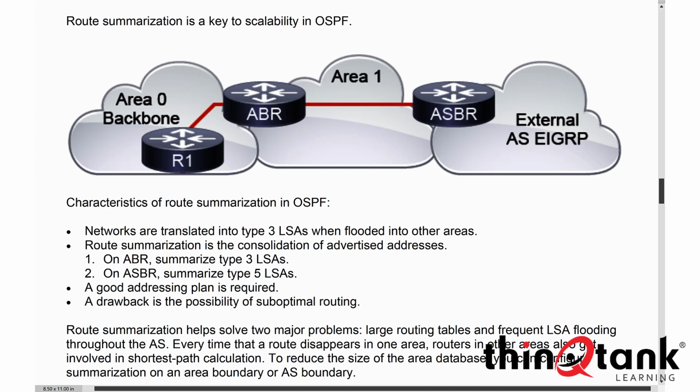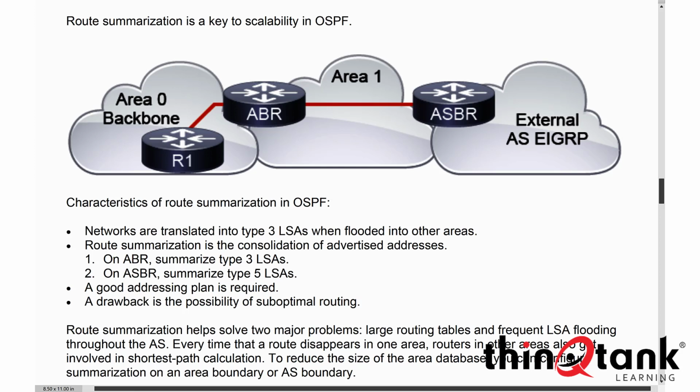All right. The drawback of summarization is always suboptimal routing, particularly if you don't have contiguous address space. A summary route always has a shorter prefix than the individual routes that it summarizes. And Networking 101 states that when a router is routing, it will always route using the longest prefix match.